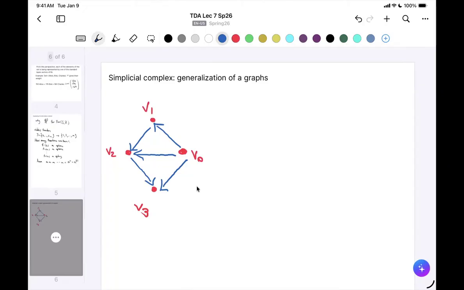And this is more or less where graph theory ends, in the sense that a graph is just vertices and edges. Sometimes you orient them, which is what I just did, other times you don't, but that is essentially what a graph is.